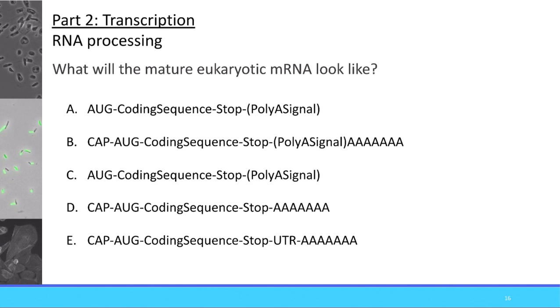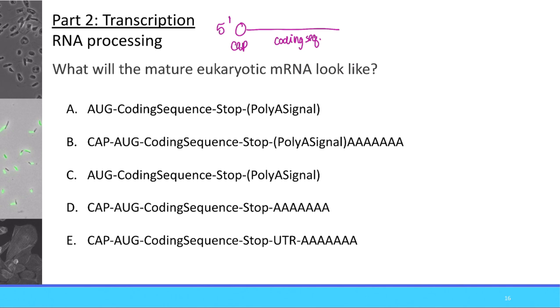For a mature eukaryotic mRNA, which of the following best represents what it will look like? So go ahead and pause the video and walk through this practice problem. So hopefully you have walked through this, and when we have a mature mRNA, we're going to have a 5' end, which has our cap, and then we're going to have our coding sequence.